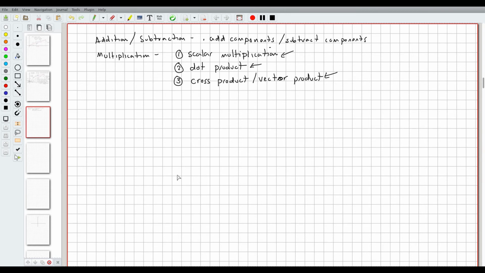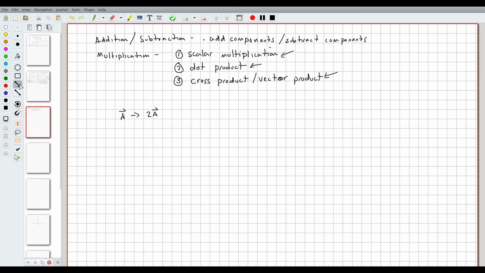So the first one I want to start off with is simple scalar multiplication. We know a scalar is just a number, and numbers can be positive or negative. So let's pretend that you have a vector, once again we'll call it A, and I'm going to multiply it by 2. So we're going to take A and multiply it by 2.